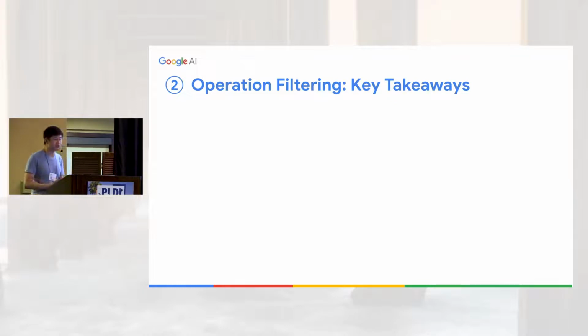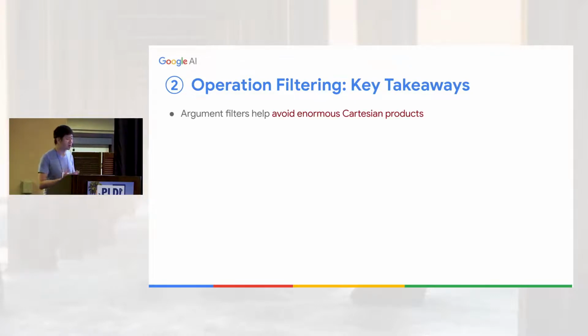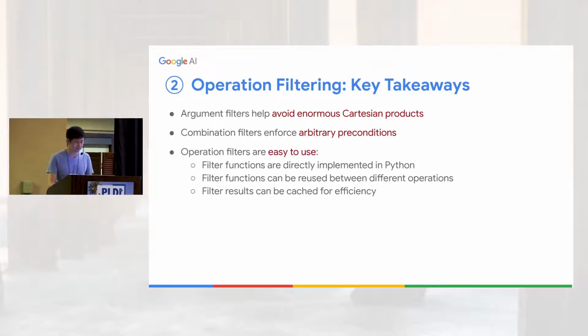Notice that operation filtering is broken down into two stages. First, the argument filters, and then the combination filter. We use the argument filters first so that we can avoid enormous Cartesian products. And then the combination filters enforce arbitrary preconditions in a way that is more general than simple type checking. Operation filters are also easy to use.